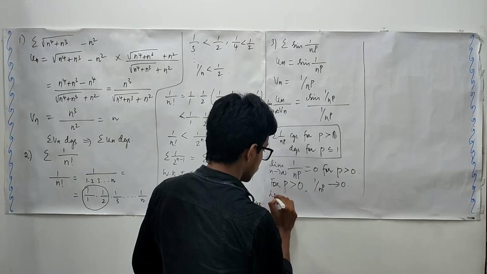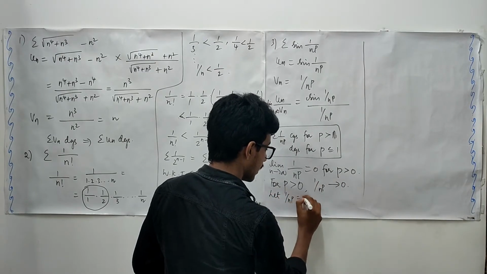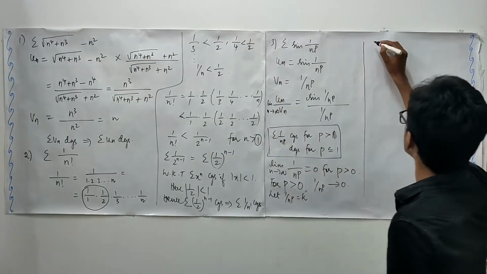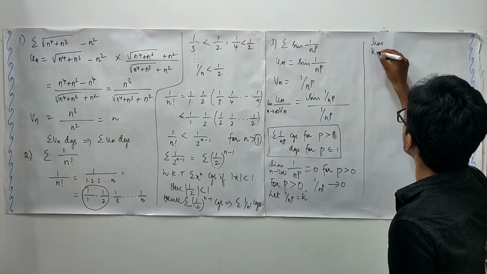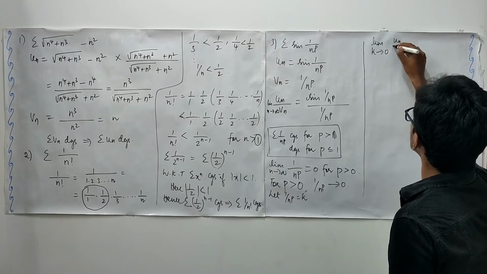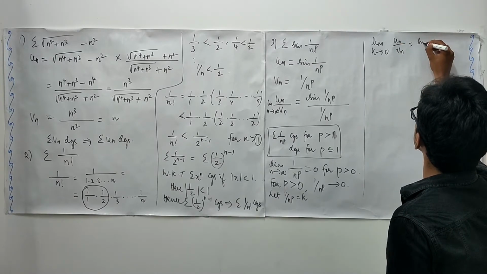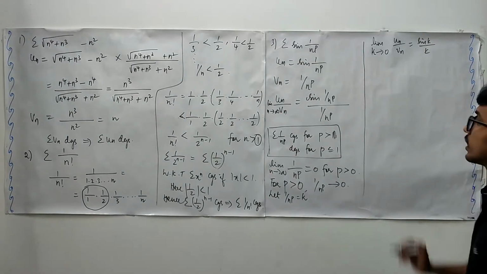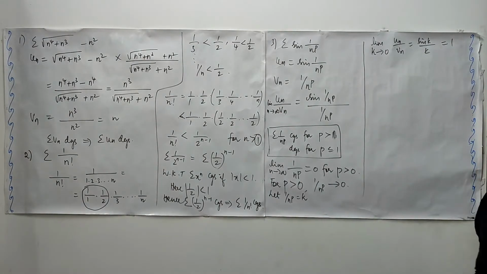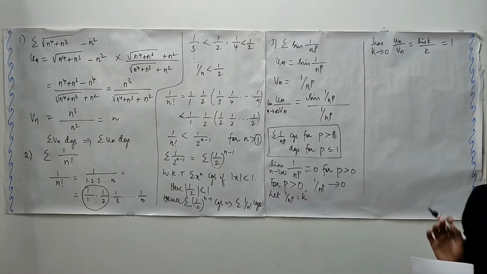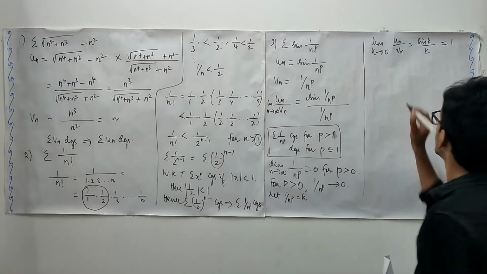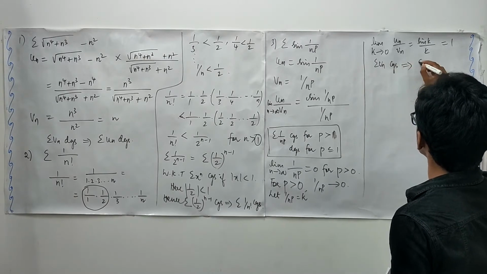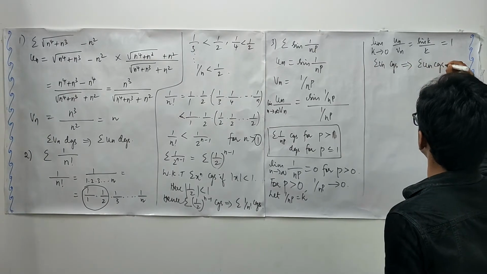Okay, let me take 1 upon n power p as k, and these things may be rephrased as limit k approaches 0, un upon vn may be written as sin k upon k. By the trigonometric identities, we know that this equals 1 and it is a non-zero finite limit. Hence, summation vn converges will imply summation un converges.